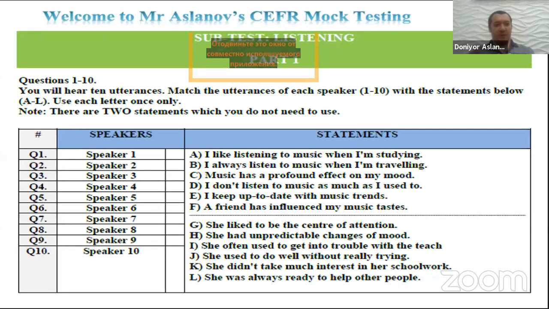Maybe question number 1, speaker number 1, mentioned, I don't listen to music as much as I used to. You have to just match them by their speakers. You will be given 2 extra statements, which makes the task a little bit difficult, but it's also not that tough to deal with. I will demonstrate it in practice in a minute.